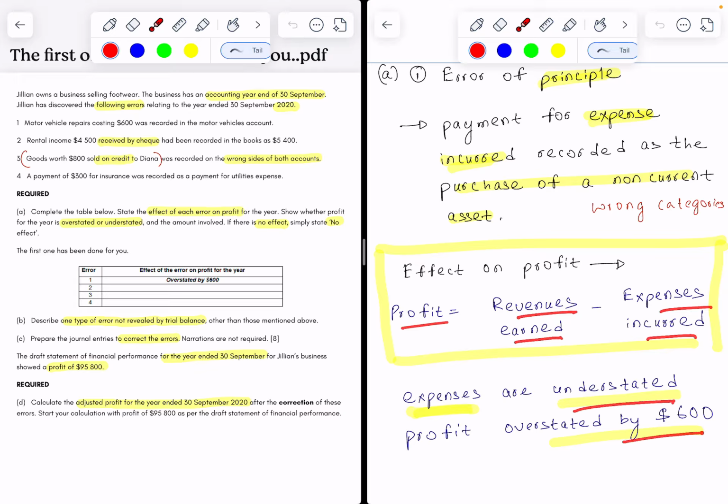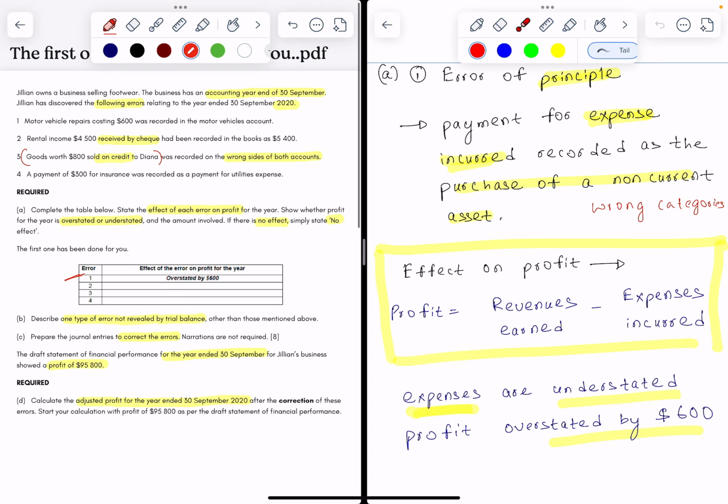Therefore, our profits would be overstated by $600. So that is what we write here for error number 1 in part A. The effect of the error is such that the expenses are understated, which results in the overstatement of profits, and the amount is $600.